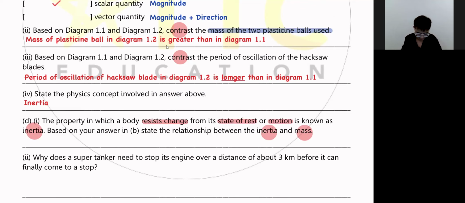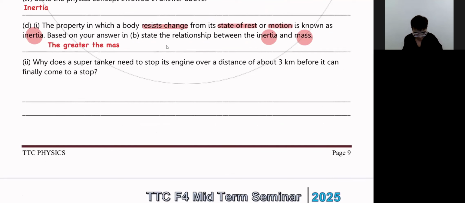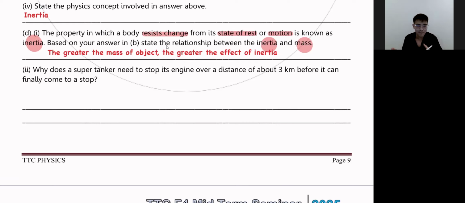Very simple, just write: the greater the mass of the object, the greater the effect of inertia. So it will be harder for the hacksaw blade to change direction, that means vibrating, because vibrating means moving left and right. So it'll be harder for the hacksaw blade to oscillate left and right when the mass is greater. So that's why it will take a longer time.